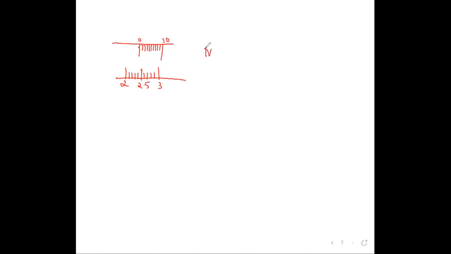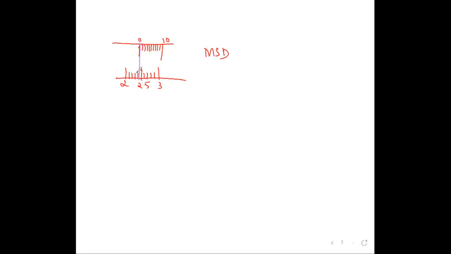So we have to calculate MSR here. For that, let me draw a straight line over here. This 0th line shows some reading over here. Is it right?